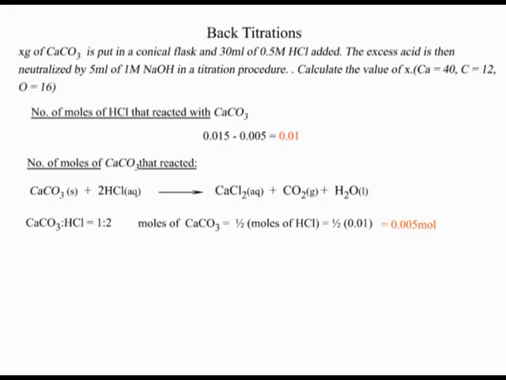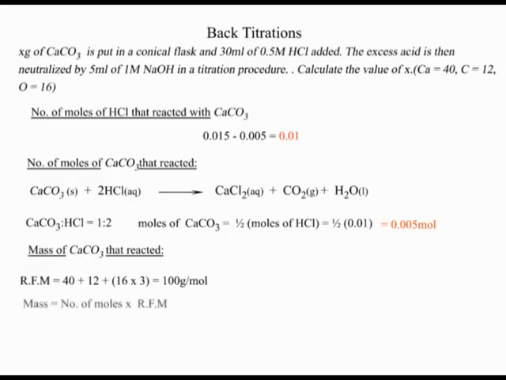Now we know the number of moles of calcium carbonate that reacted. We can find the mass. Recall that number of moles is equal to mass over the relative formula mass. The relative formula mass of calcium carbonate is equal to 40, the relative atomic mass for calcium, plus 12 for carbon, plus 16 times 3, the relative atomic mass of 3 oxygen, giving us 100 grams per mole.